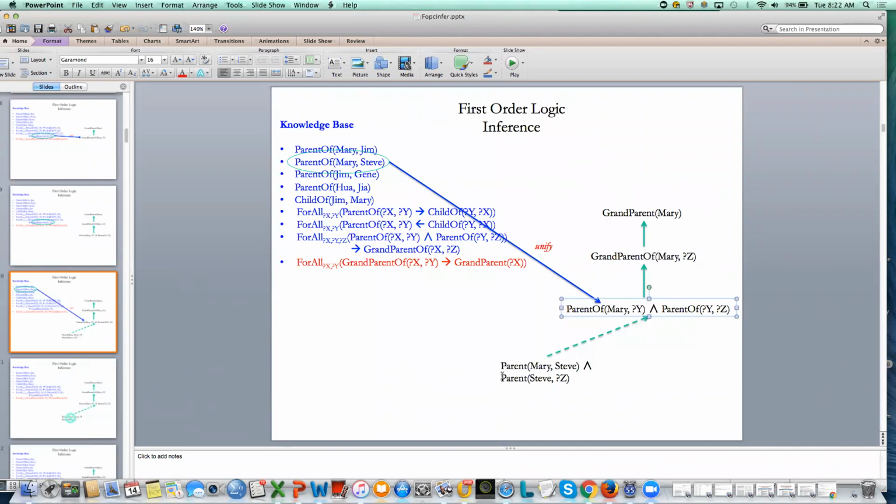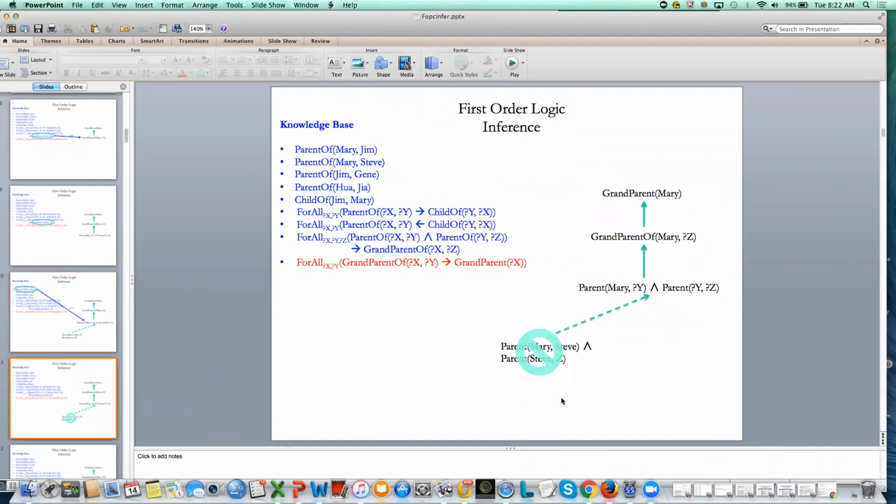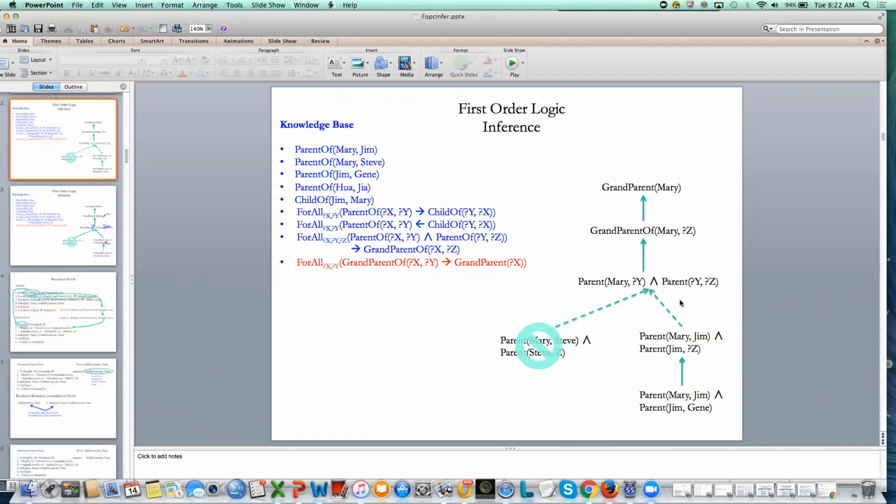But there is nothing in the knowledge base that unifies with parent Steve. I didn't show the substitutions I might have made based on this tentative step here, but because of this failure, this would be a search failure. And we would have to back up, and undo those variable bindings before trying something else.